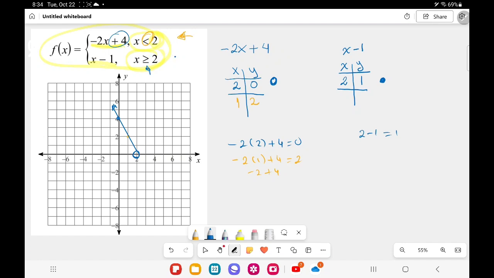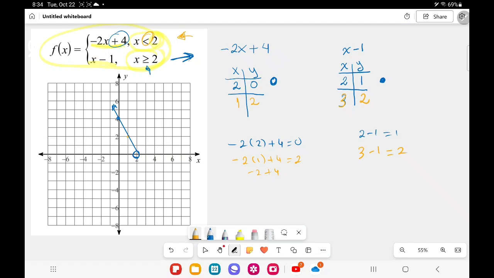Now I need to evaluate to the left or to the right. Look at the symbol. The symbol is pointing to the right. So I'm going to choose a point to the right of 2. To the right of 2 is 3. And I plug it in. So when x is 3, 3 minus 1, 2. I am going now to plot this point.